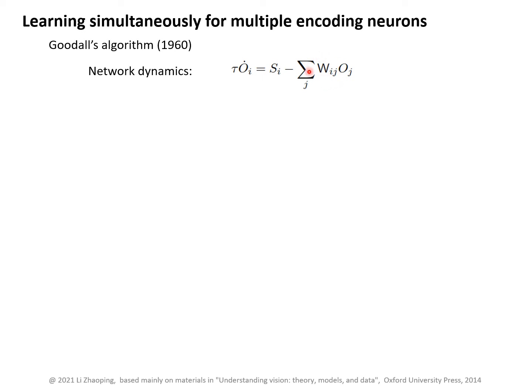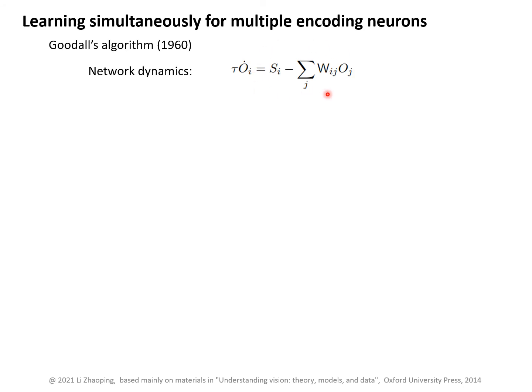So this is a weight matrix, and therefore this is a recurrent interaction matrix between the output nodes. This network may look unfamiliar if you are only used to feed-forward networks rather than this recurrent network.